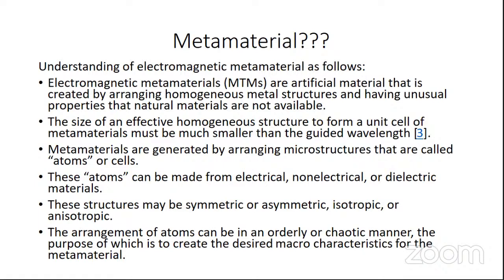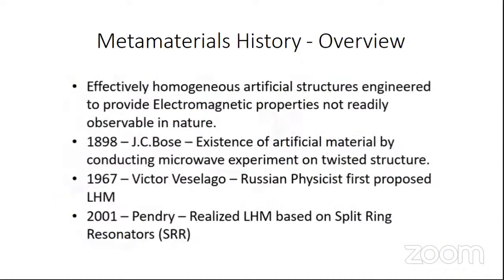The arrangement of the atoms can be orderly or chaotic, in an orderly fashion or a haphazard fashion, the purpose of which is to create the desired macro characteristics for the metamaterial. That means it has to impose electromagnetic properties that are not available in natural materials.